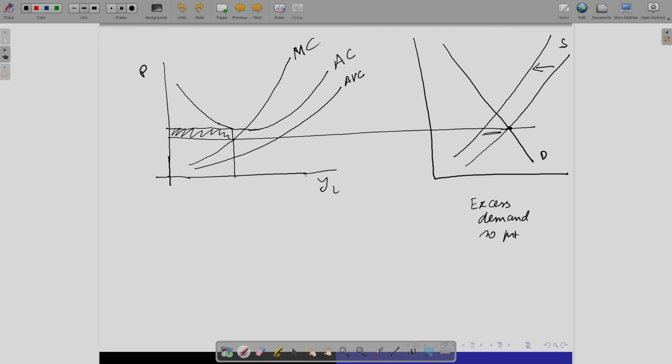So, price rises, and that happens instantly, and price moves from this level to this level. At this level, when the equilibrium price is this, each firm takes that price as given, and the output they produce is this much.